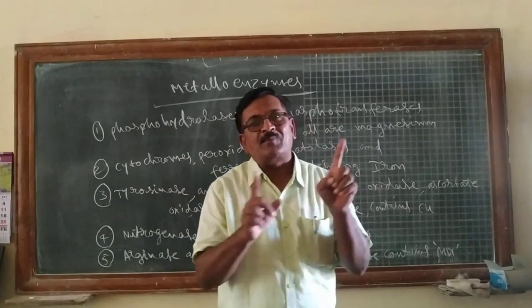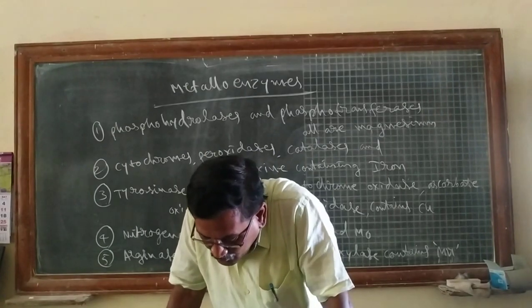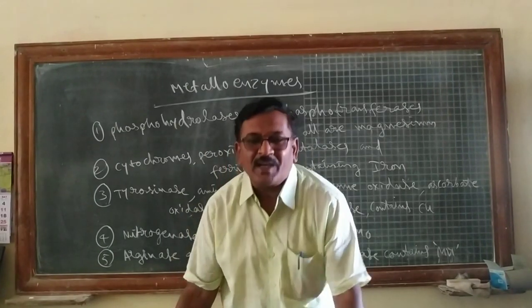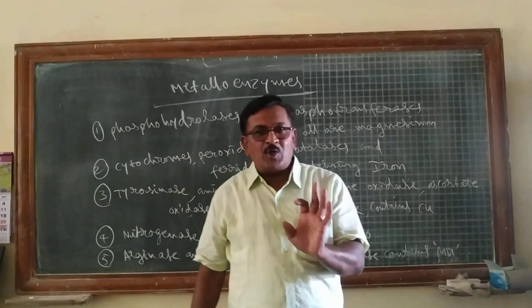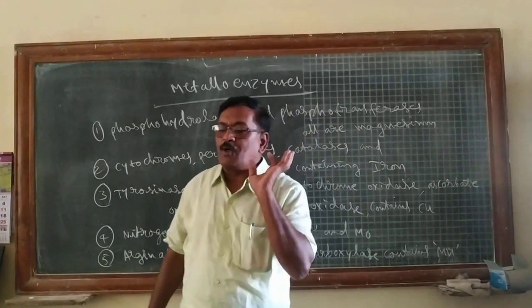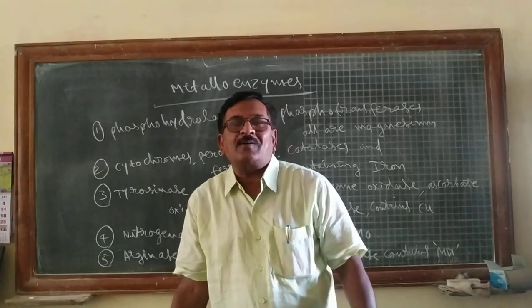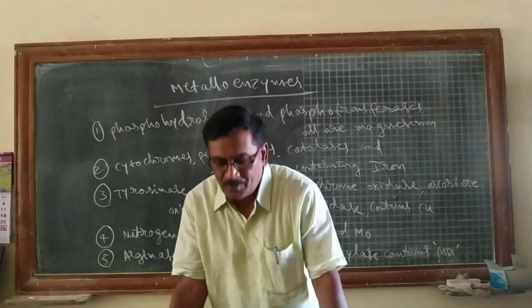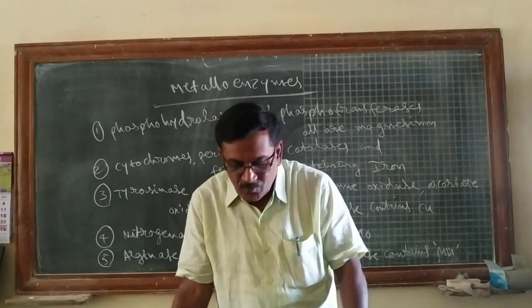It forms what are called metallo enzymes. So the prosthetic groups and the coenzymes are also called cofactors.